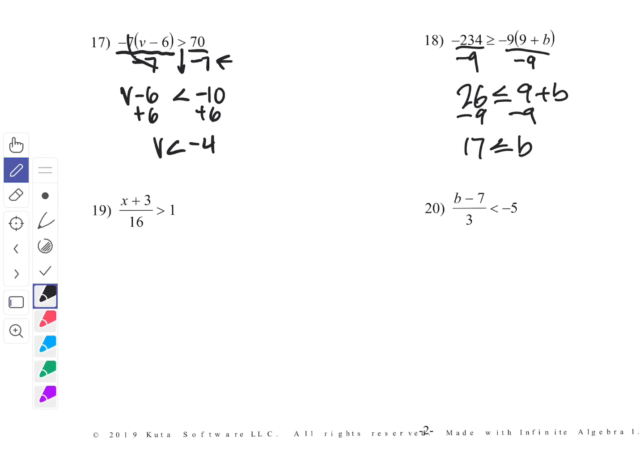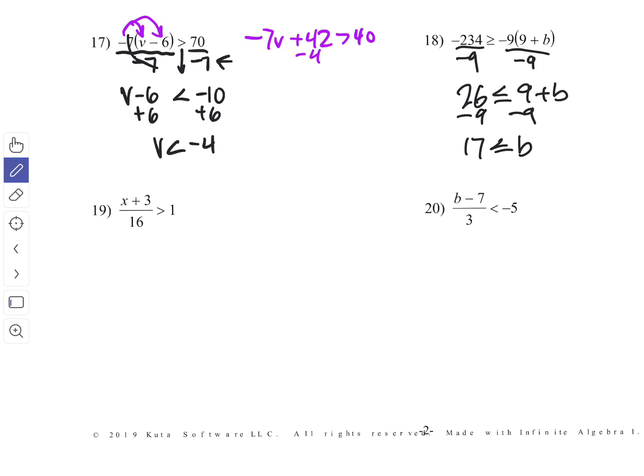But now, we could again do it a different way. We could start by distribution, go negative 7 times v to get negative 7v, negative 7 times negative 6, positive 42. And then I could solve it this way as well. That would be a negative 2, negative 7v equals a negative 2, right?